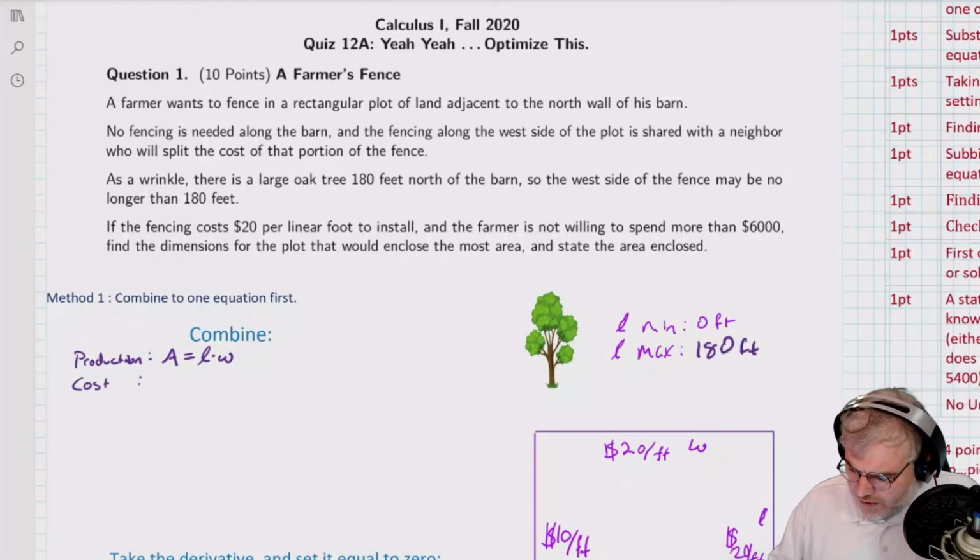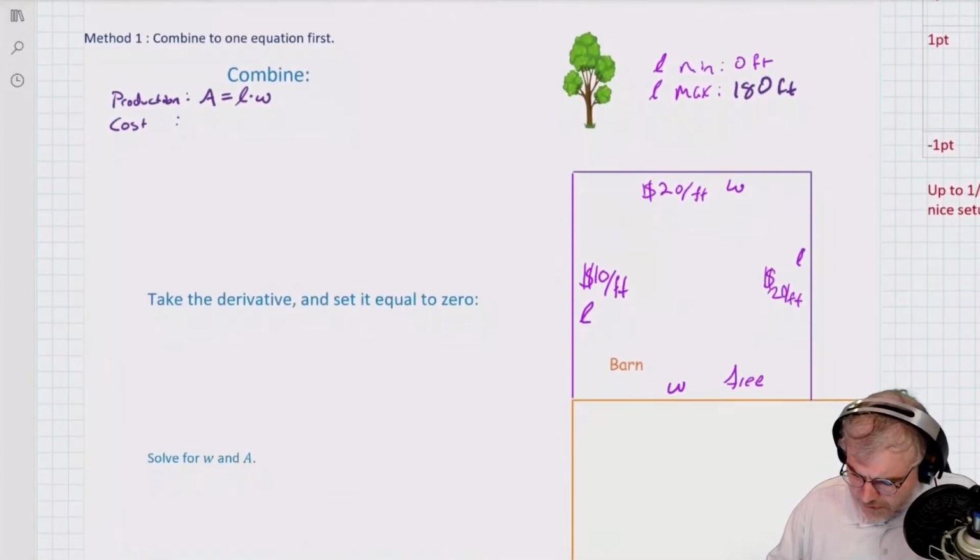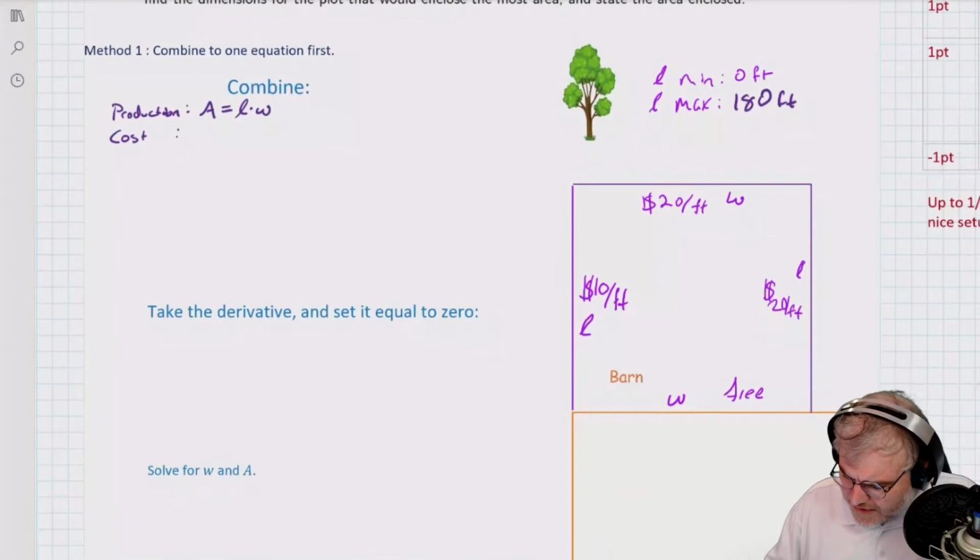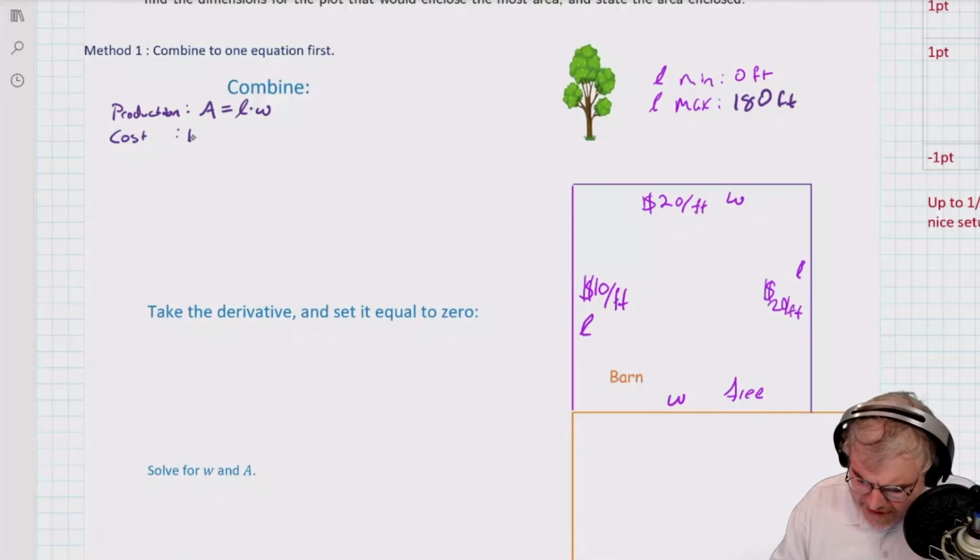Not letting me move again. Okay, there we go. And my cost is these things here. So it's going to be $10 for whatever this side is, $20 for that side, and $20 for that side, and this side is free. So I've got 10L plus 20W plus 20L.